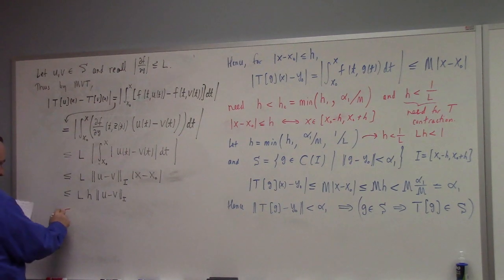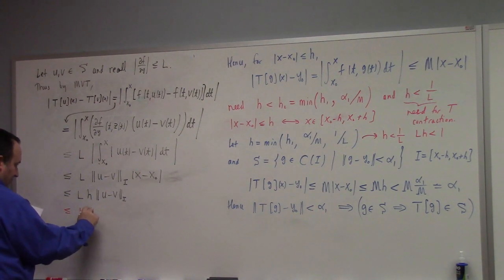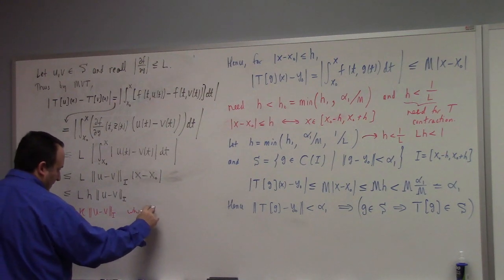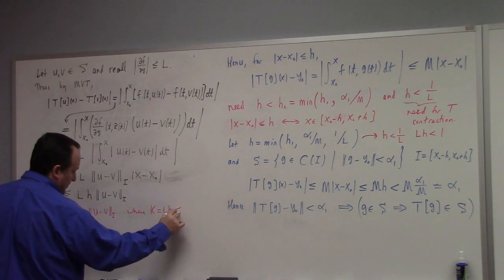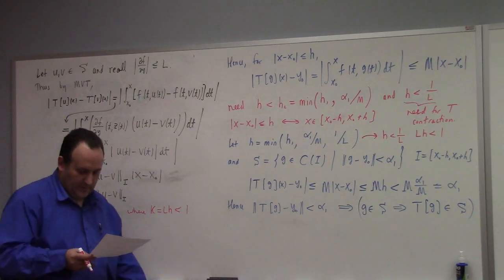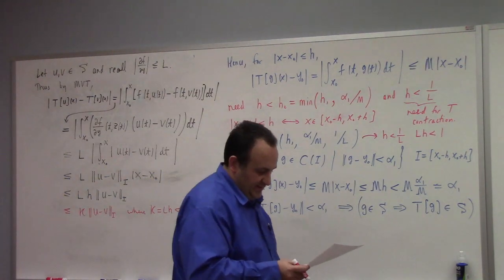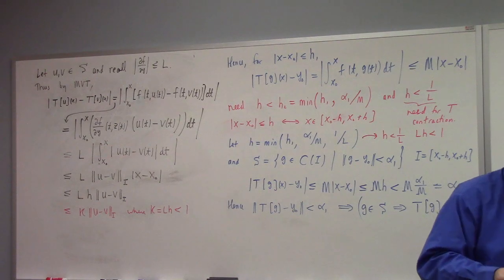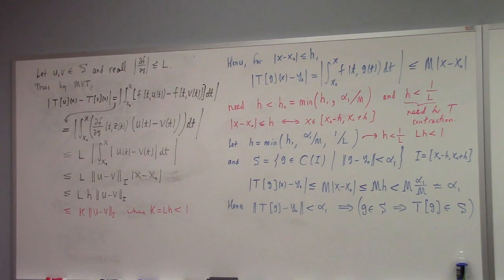So we can say that this is less than or equal to k times the norm of u minus v over I, where k is equal to LH, which is less than 1. Therefore, it's a contraction. And so the Picard iteration defines a sequence which converges to the fixed point.